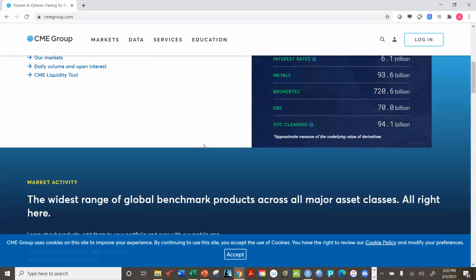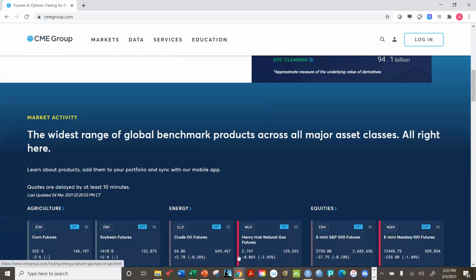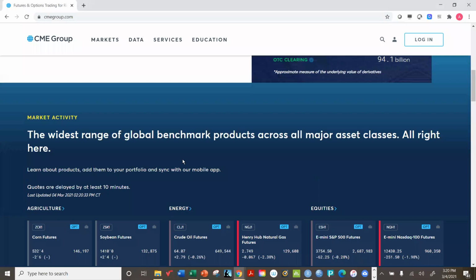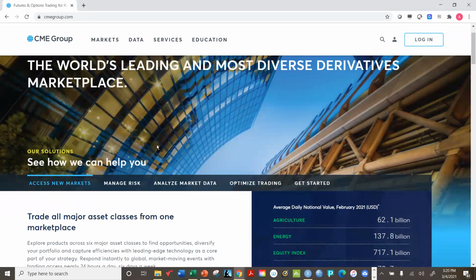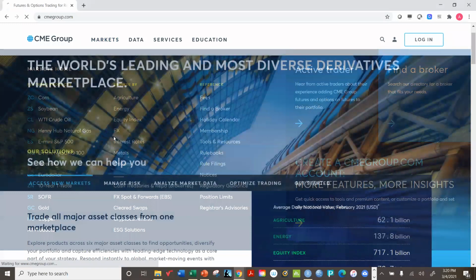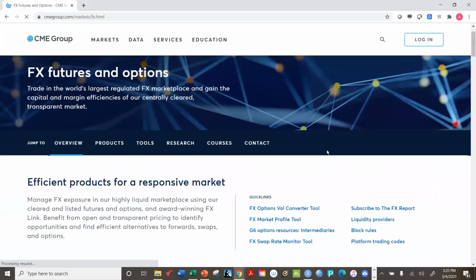So they offer all these contracts that you could potentially choose from. Let's take a look at a couple in particular. Let's see if we can find some quotes for foreign exchange futures.